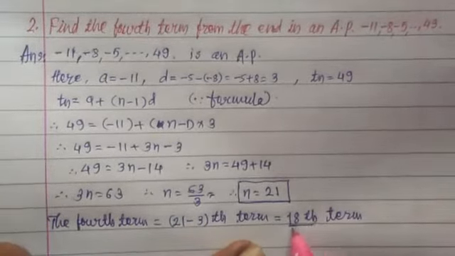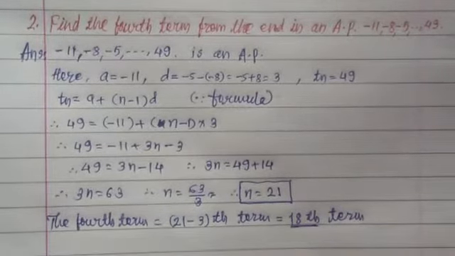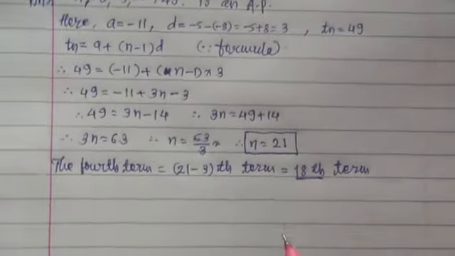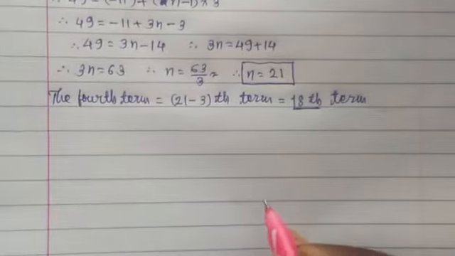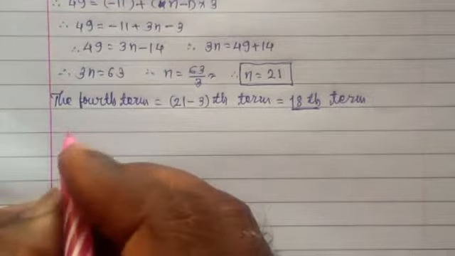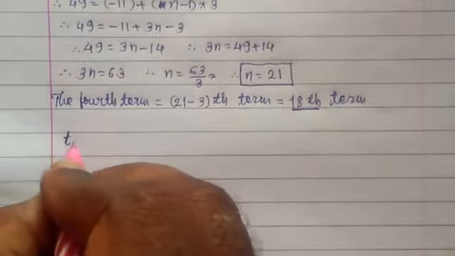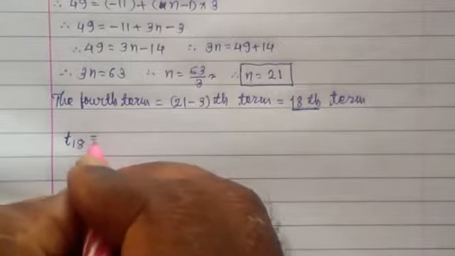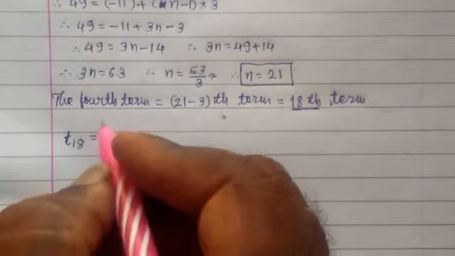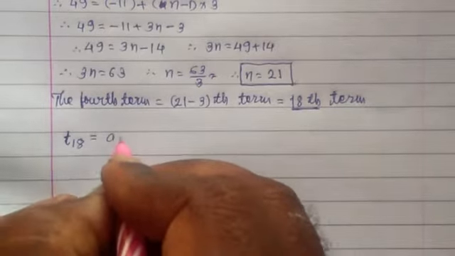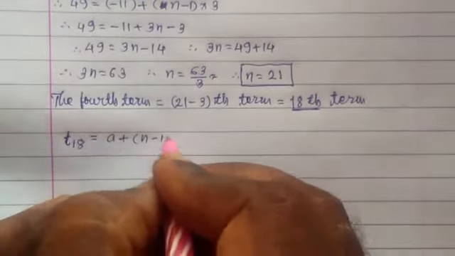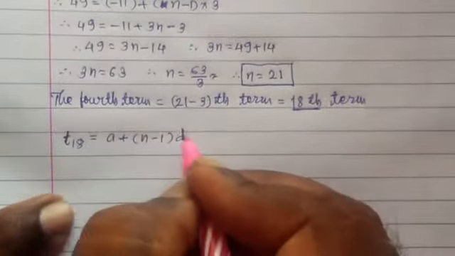We have to find out 18th term. Now here we know the formula. Here Tn means T18 is equal to A plus n minus 1 into D.